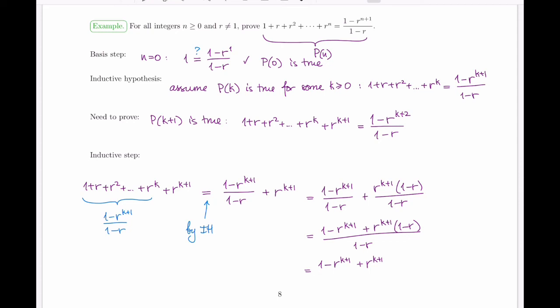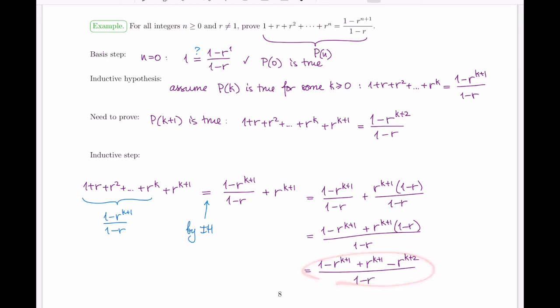And next up, I have r to the power of k plus 1 times negative r. So first of all, I'm going to have a negative. And then what happens to the powers when you multiply two things together is you add the powers. So this has power of 1. So my new power of r will be k plus 1 plus 1, or k plus 2, all over 1 minus r.